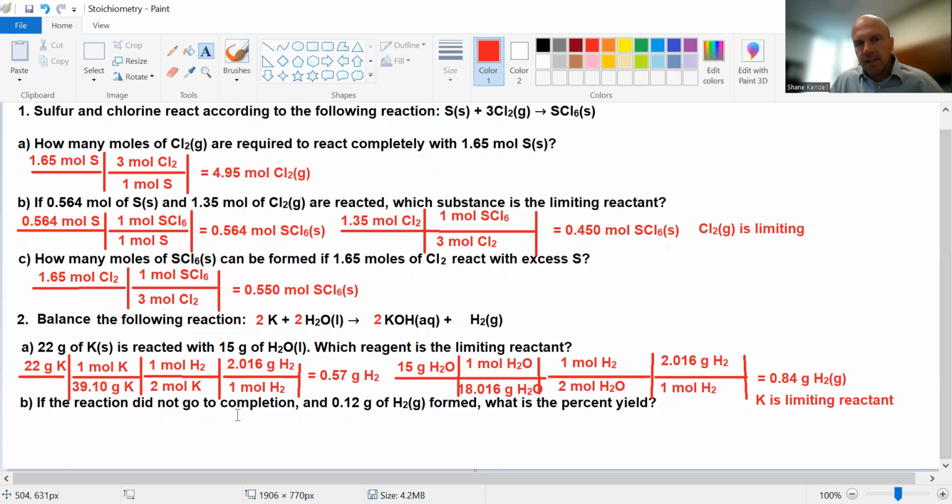If I had worked it out for potassium hydroxide instead, then we would have had different numbers here, of course. And basically, it would have been a similar calculation. It's just that when I'm relating 2 moles of potassium, I would have then had 2 moles of potassium hydroxide because there's a 2 and a 2 in the equation here.